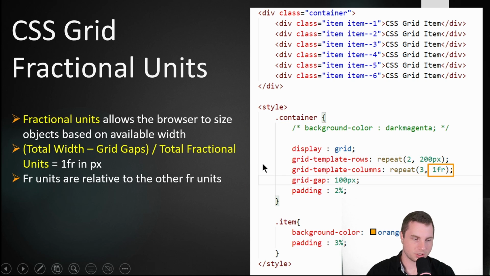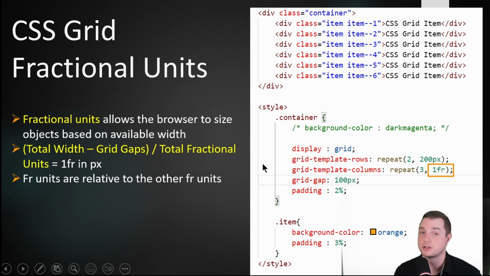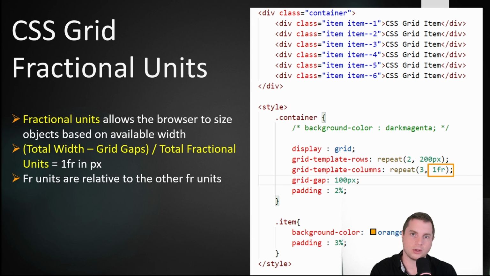Okay, fractional units. A fractional unit is a dynamic way of giving width or height, but most of the time width, to your CSS grid item. The reason why it's a fractional unit is because it's going to take all available units, count how many fractional units you actually have, and then divide it by whatever you told it.